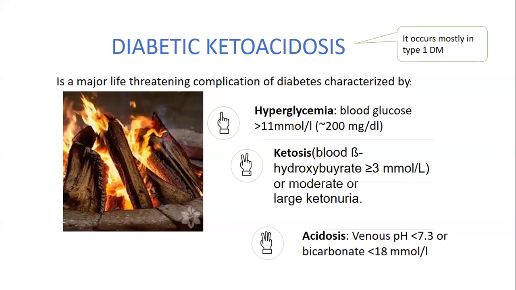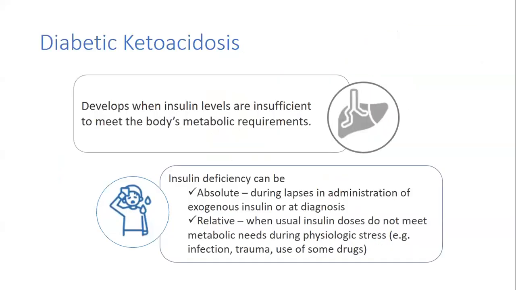I think Dr. Phoebe really took us through the pathophysiology of type 1 diabetes mellitus. Diabetic ketoacidosis usually develops when insulin levels are insufficient to meet the body's metabolic requirements. Insulin deficiency can be absolute or relative.